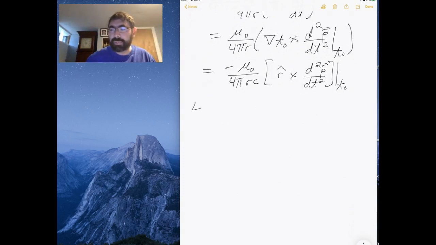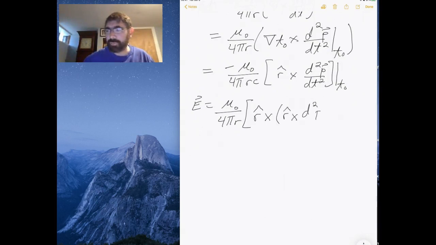Okay, so now if we put this all together, what do we get? We get an electric field, which is mu 0 over 4 pi r, r hat curled into r hat curled into the second derivative of the electric dipole moment with respect to time.